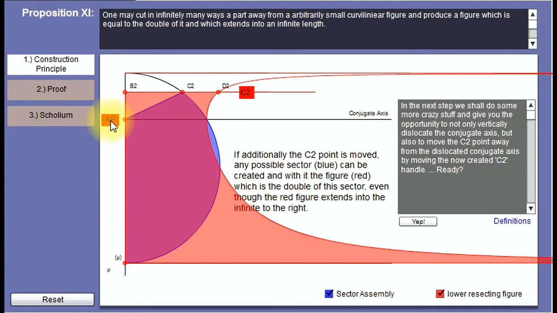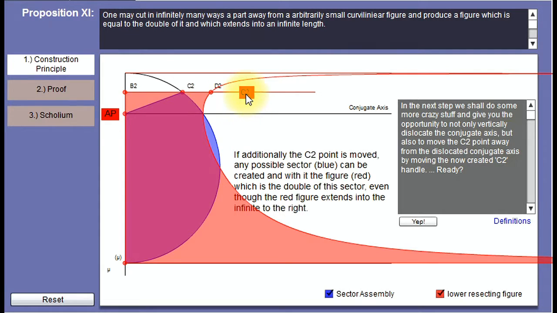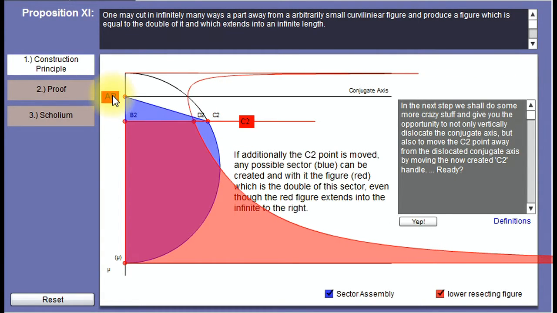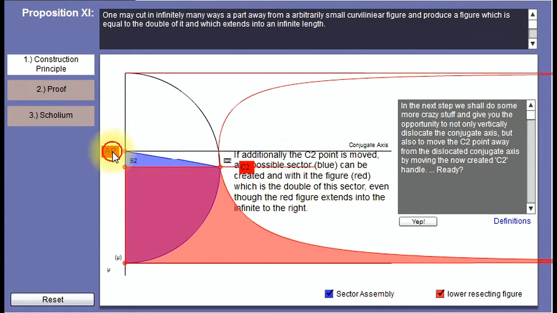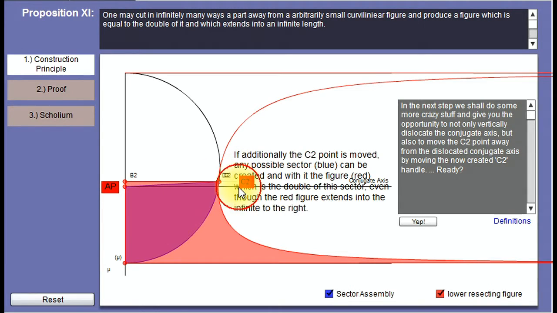So now we actually have what we wanted in infinitely many ways. You could cut away from the semicircle infinitely many types of different sectors.